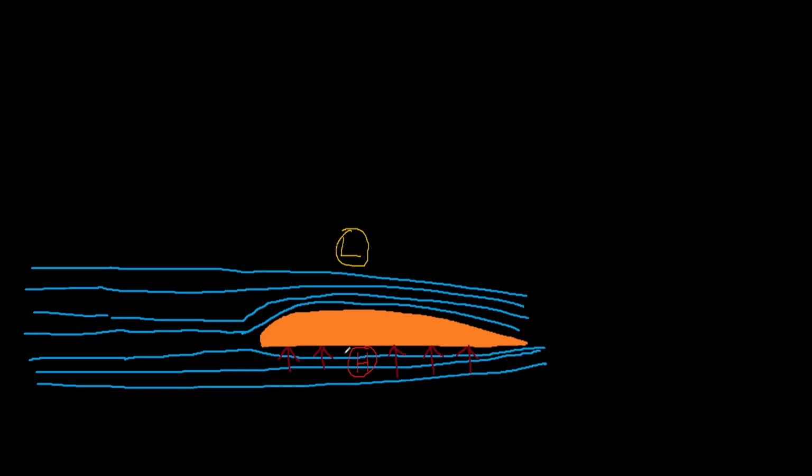So it's going to start providing a force on the underside of the wing, pushing up on the wing, trying to get to this low pressure. And that is the main source of lift. Because that high pressure is pushing to get to that low pressure, that is what gives us our lift force, or I should say the main component of our lift.